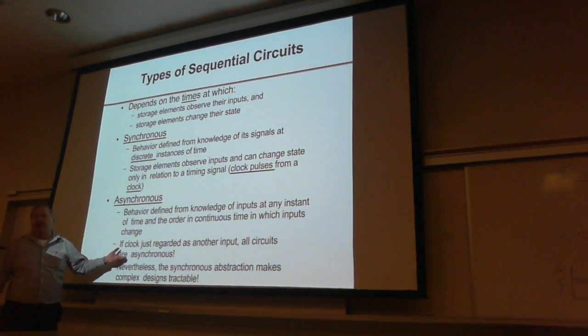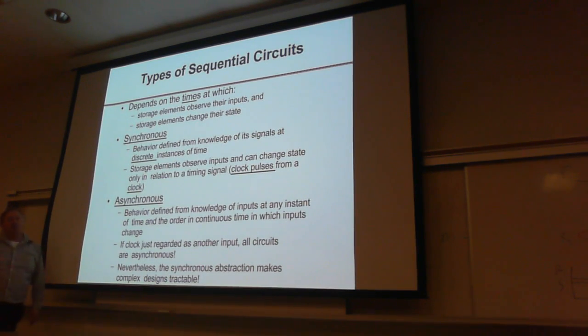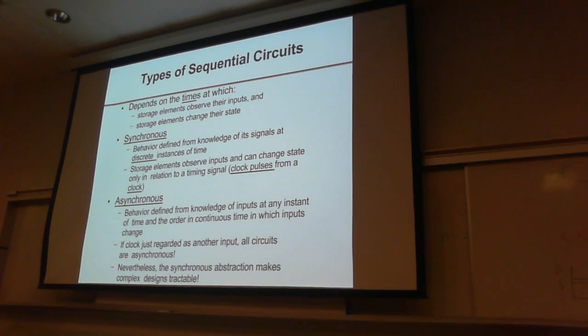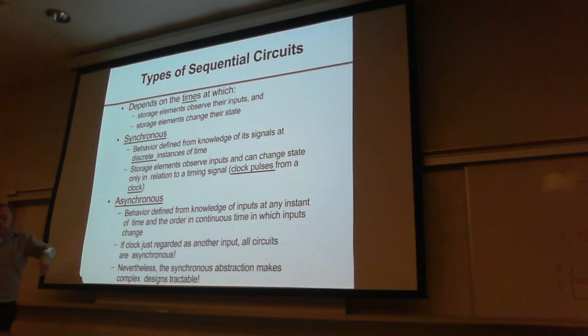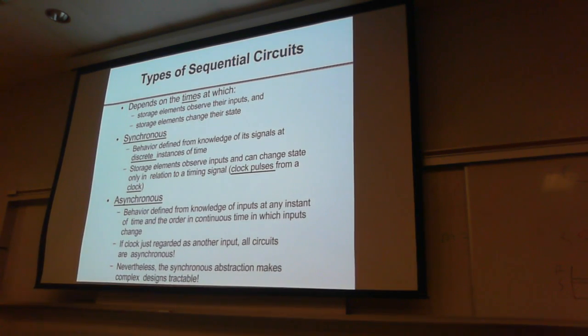They could use it, that's fine. It's going to eventually generate some result, but its results are not predictable at these synchronized timed events at discrete time intervals. Okay, so it makes it very difficult to do logic design with those kinds of circuits.